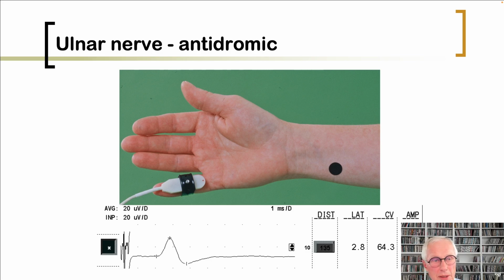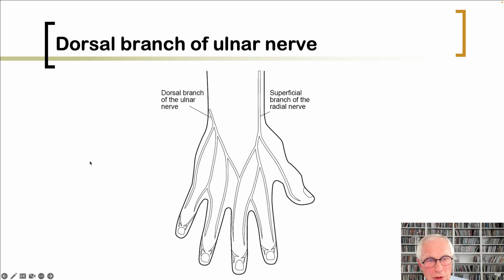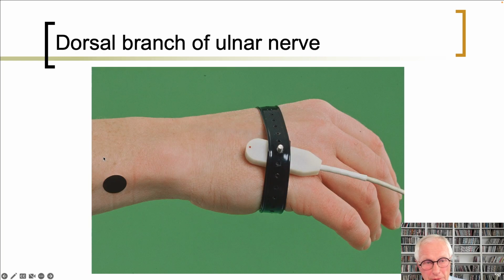We do the sensory nerve conduction studies as well. Here antidromically, you can do them orthodromically as well. And we measure the dorsal branch of the ulnar nerve, place the recording electrode between the metacarpals 4 and 5 and stimulate at the wrist, get a nice response.